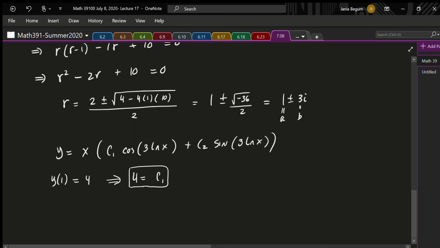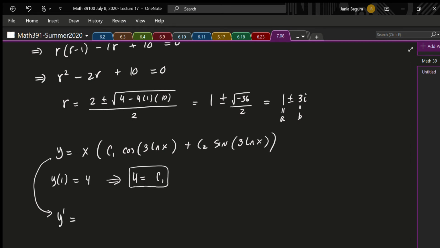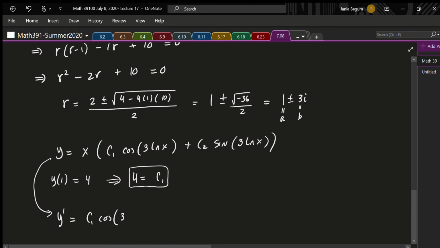For the second condition, we need to compute the derivative of y. So let's do that. y prime is going to be what? Product rule, right? Differentiate the first, which is x, keep the second, so we have c1 cosine of 3 ln of x plus c2 sine of 3 ln of x.